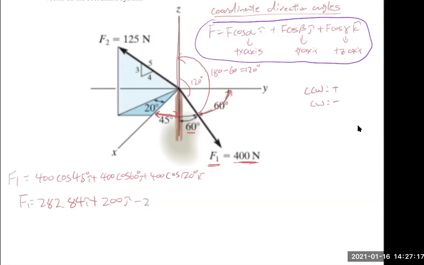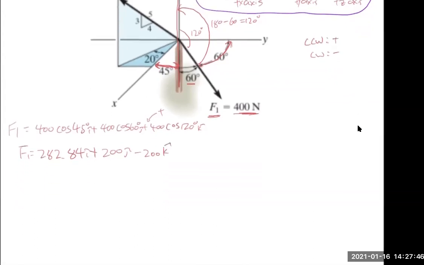That's negative 200. If I put 400 cosine of 120 in the calculator, it gives me a negative value. But first of all, I have to keep its sign positive here, because the calculator would give you either positive or negative. So in the coordinate direction angle form, you have to keep all the signs in positive form.